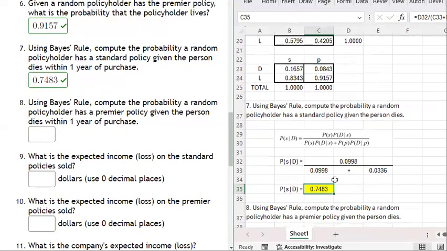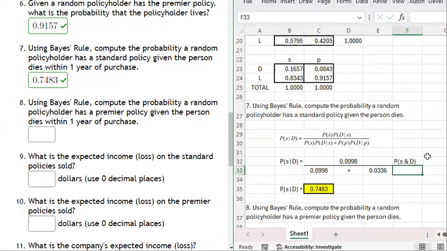Now, remember what the equation of P(S given D) is. The numerator is the probability of S and D, correct?